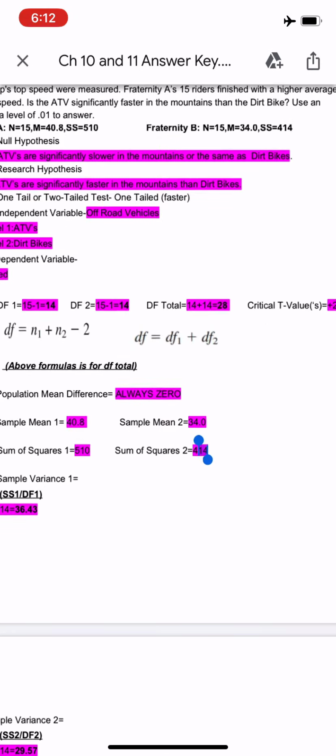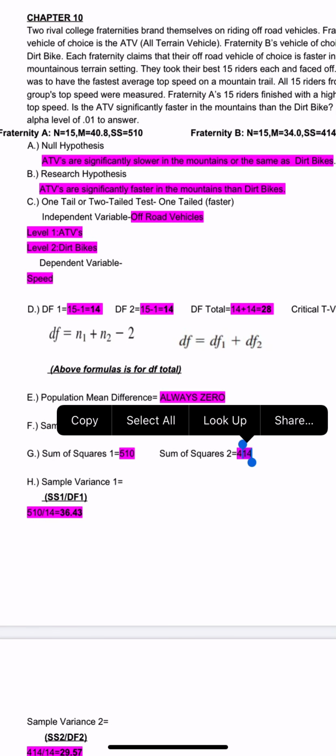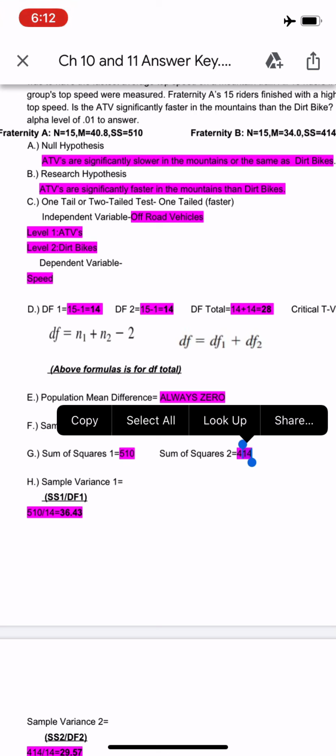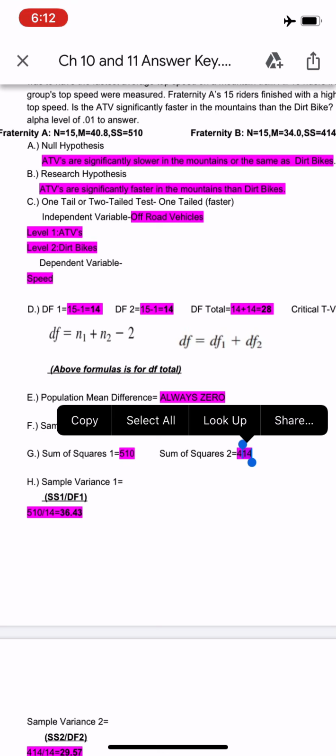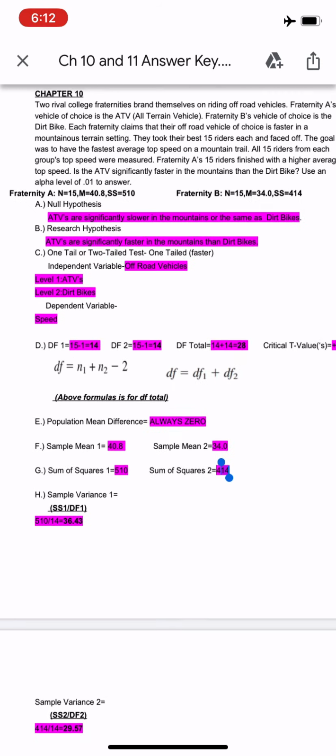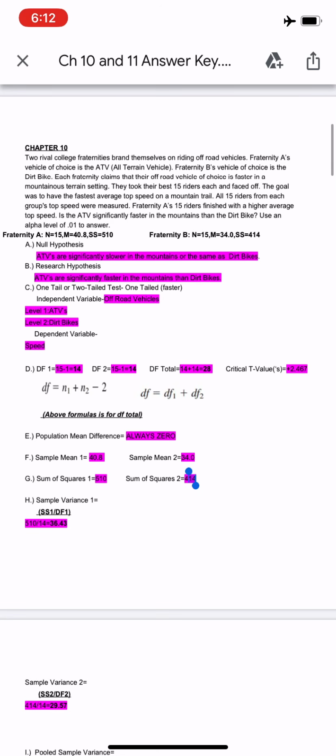So you could do one of two ways. You could do 14 minus 1 plus 14 minus 1, which is 28, or you could do 15 plus 15 minus 2, which is 28.